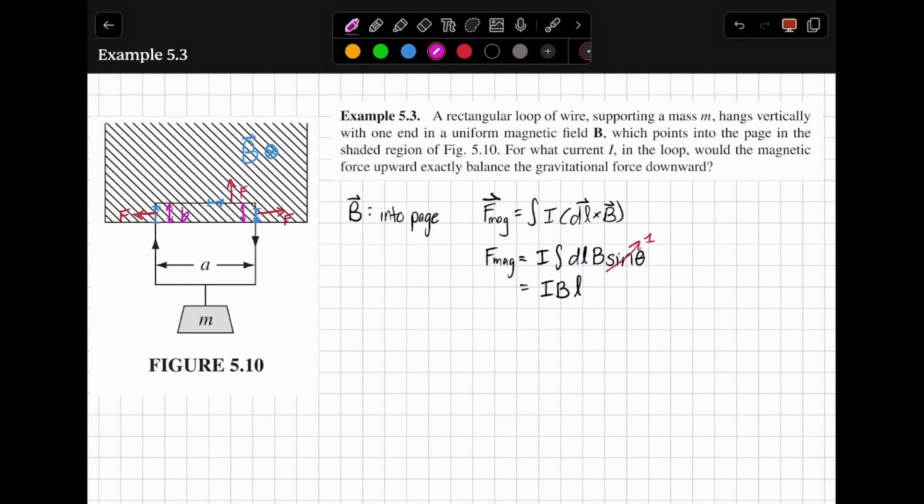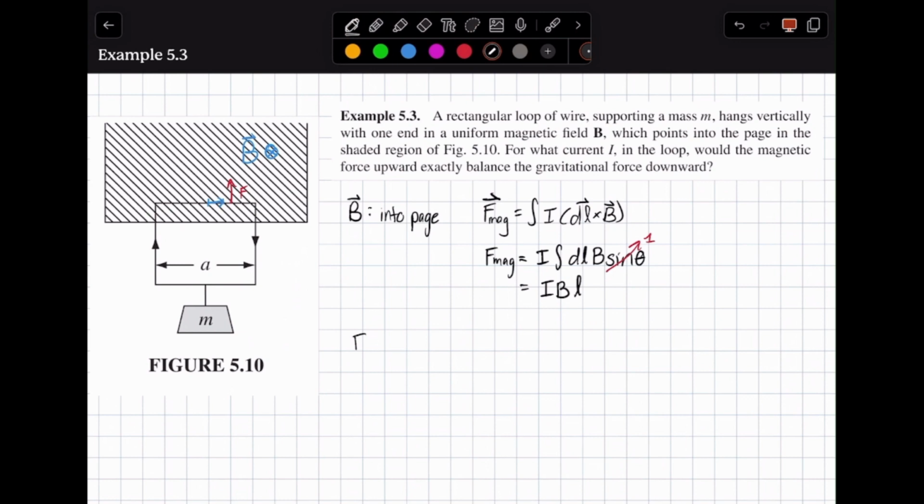Maybe we call this B, where on these vertical segments L is equal to B. By our definition of the magnitude of the magnetic force, these segments are going to counteract each other, and these forces are going to cancel. So we're just left with this force upwards due to the top segment.